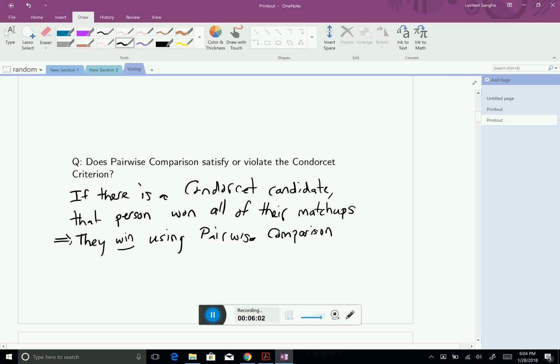Okay, so what we've just shown is that anytime there's a Condorcet candidate, meaning anytime there's somebody who wins all their matchups, they have to win using pairwise comparison. That's what it means to satisfy the Condorcet criterion. To satisfy it, what has to happen is anytime there's a Condorcet candidate, they have to be the winner.